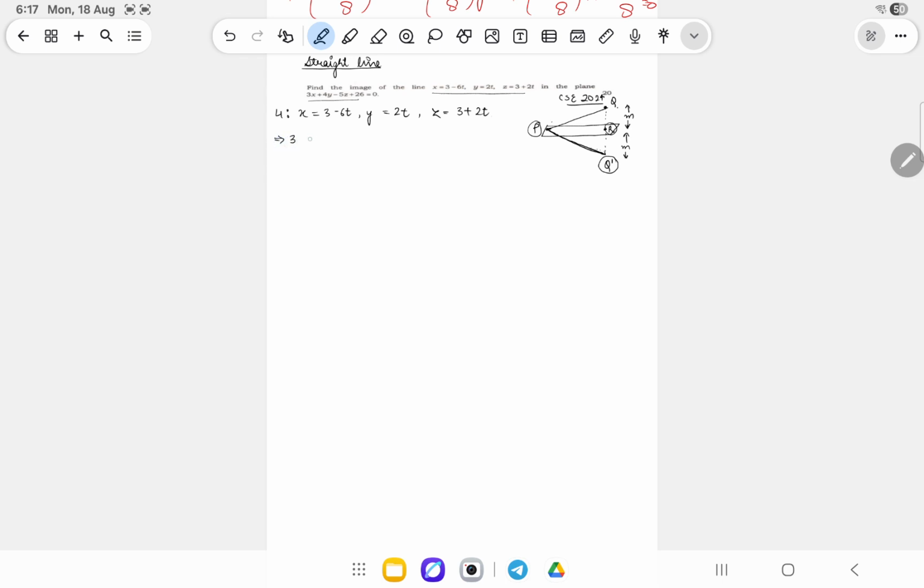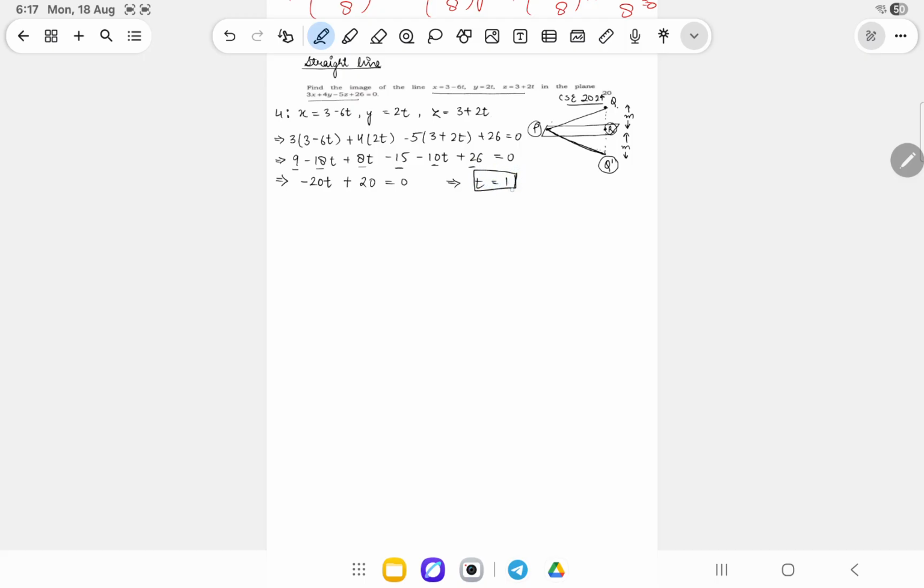So I get 3 times (3 minus 6t) plus 4 times 2t minus 5 times (3 plus 2t) plus 26 equals 0. Simplifying, I get 9 minus 18t plus 8t minus 15 minus 10t plus 26 equals 0. That gives minus 20t plus 9 minus 15 plus 26; 9 plus 26 is 35, and 35 minus 15 is 20, so minus 20t plus 20 equals 0. From here I got the value of t as 1.